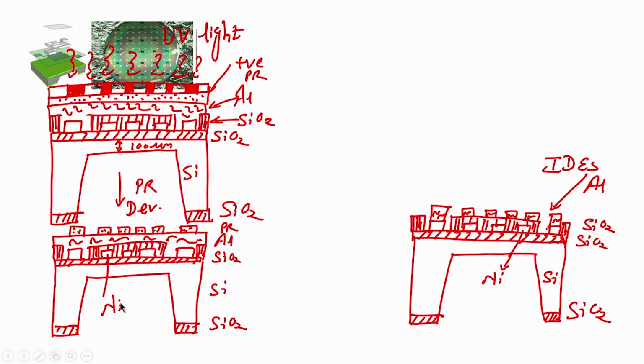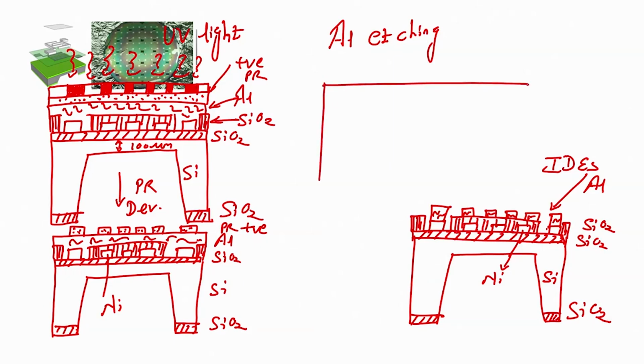Right, positive photoresist. So, the area which was not exposed became stronger, right, and did not get developed in the photoresist developer. Next step would be hard bake, followed by aluminum etching.